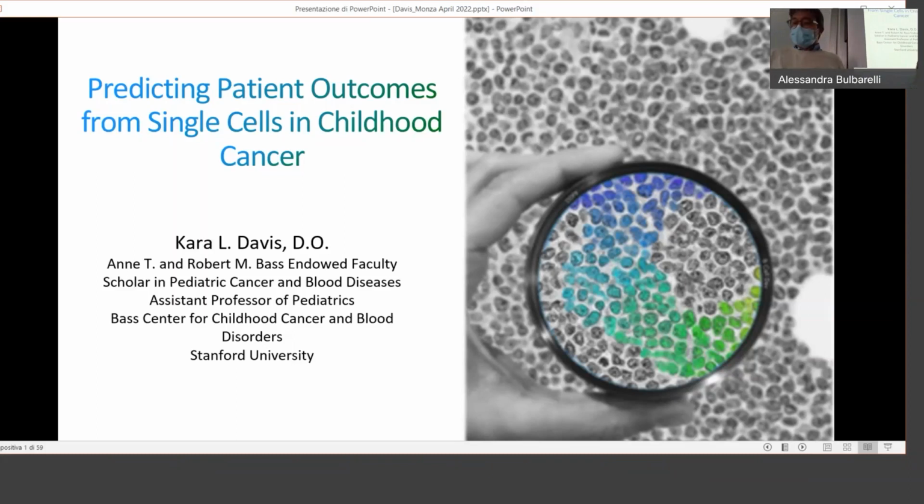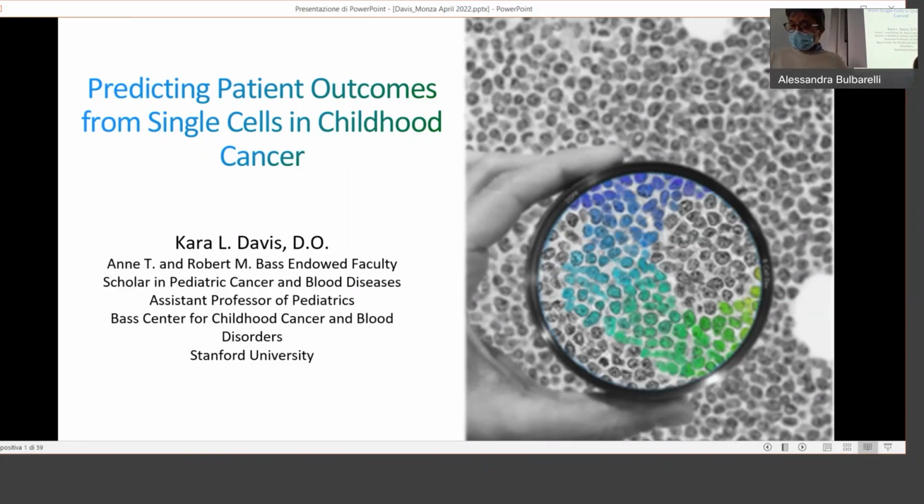And during her fellowship, Cara worked in the laboratory of Gary Nolan, and there she started utilizing a single-cell high-dimensional analysis platform to study healthy human B-cell development and B-cell leukemia with a specific translational focus.